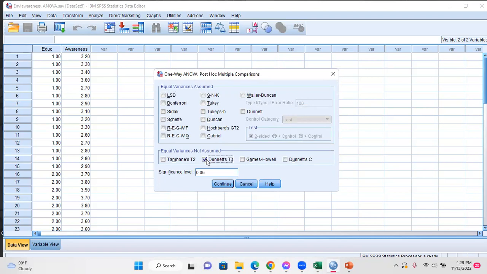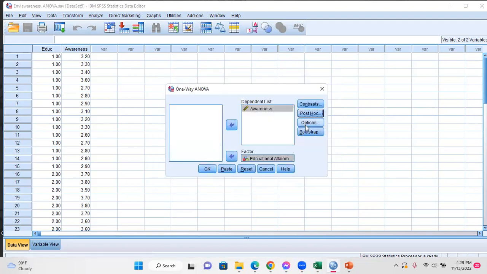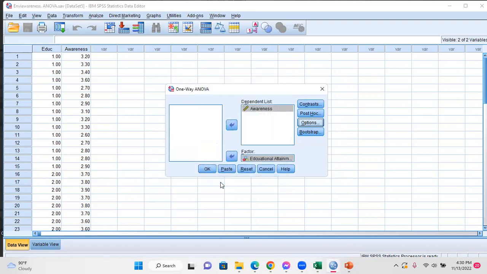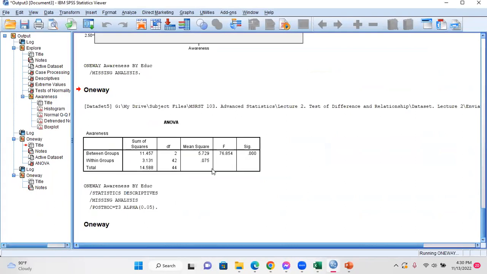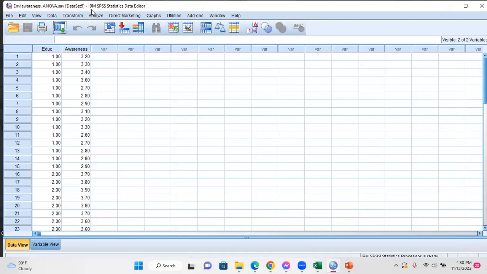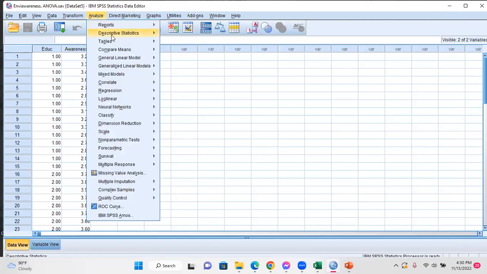Ito ha, si Dunnett ha. Continue, options, descriptive, so that we will know the mean scores. And then continue. Ma'am, pwede ulit po. Sure. Sorry. Okay, no problem. Thank you, ma'am.